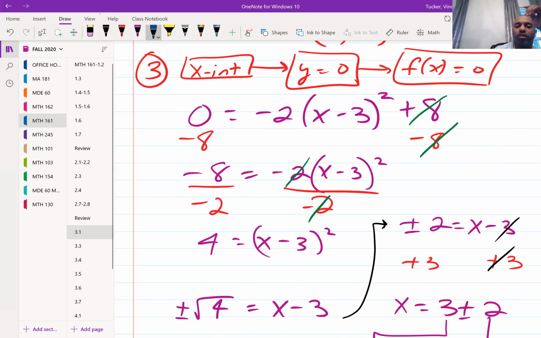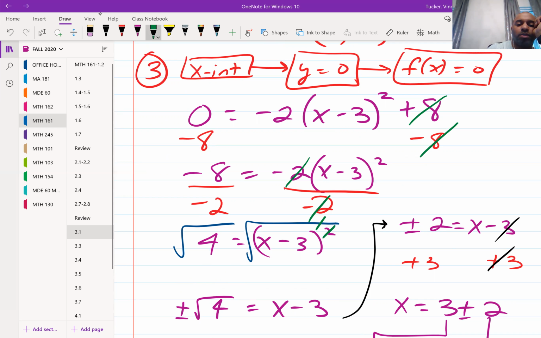Now I need to get the square off of that quantity, so I'll take the square root of both sides. The square root will cancel on the right. But on the left, because I took the square root of both sides, it's plus or minus.